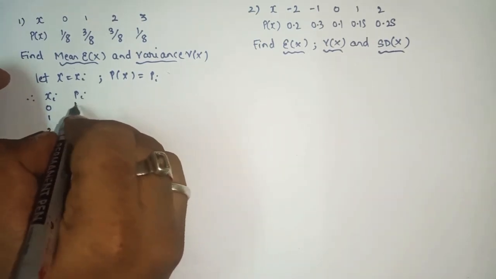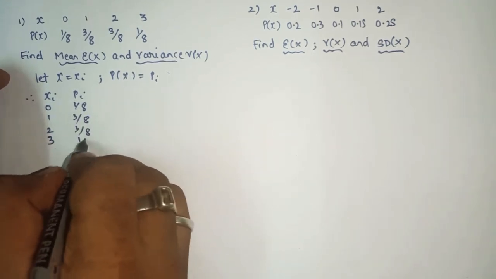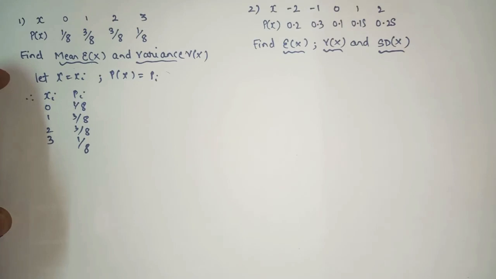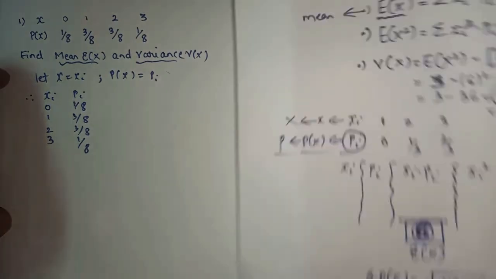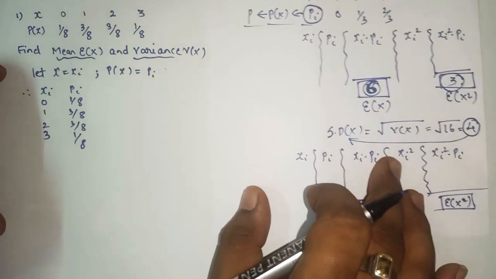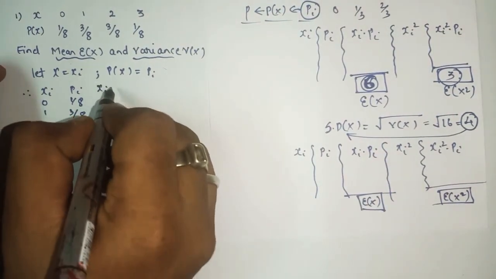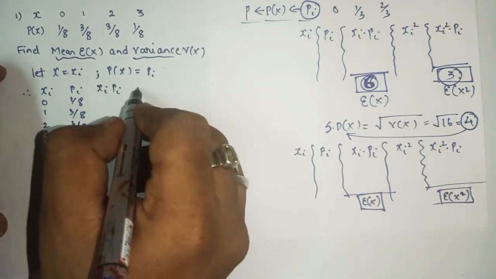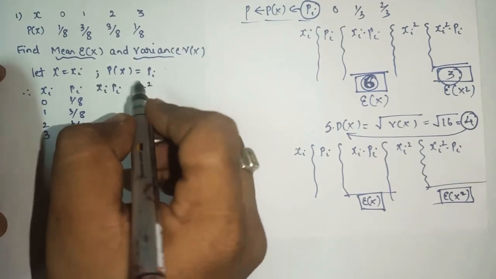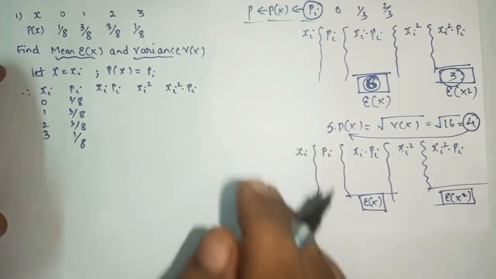The probability values are 1 by 8, 3 by 8, 3 by 8 and 1 by 8. As per the rule I just explained, you have to add columns, where in the next column you will get xi pi, in the next column xi square, and in the last column you will find xi square into pi.